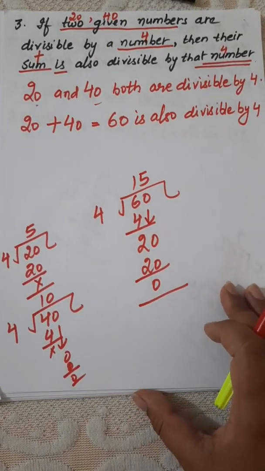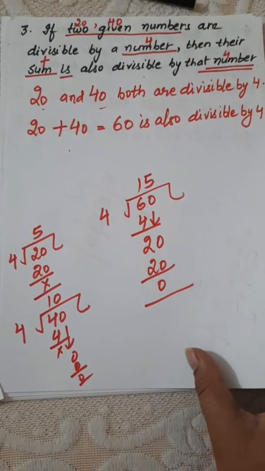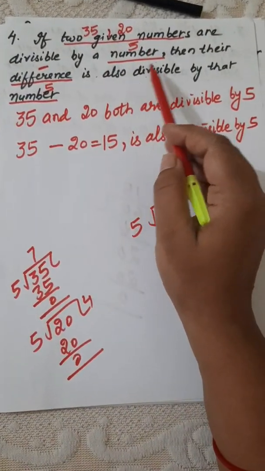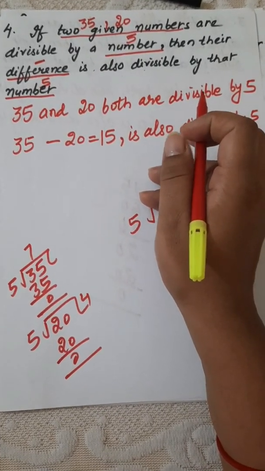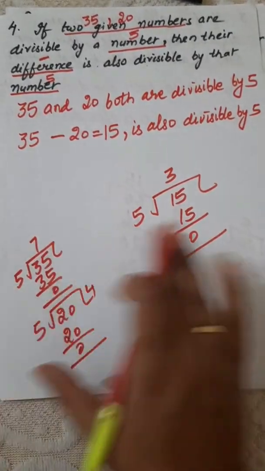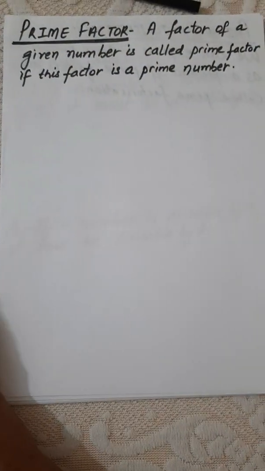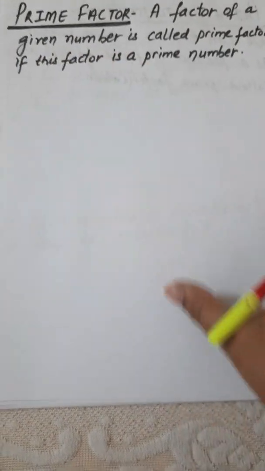If two given numbers are divisible by a number, then their sum is also divisible by that number. And the fourth is if the two numbers are divisible by a number, then their difference is also divisible by that number. So this is all with more divisibility rules, and these rules will help to solve the first question of the next exercise.